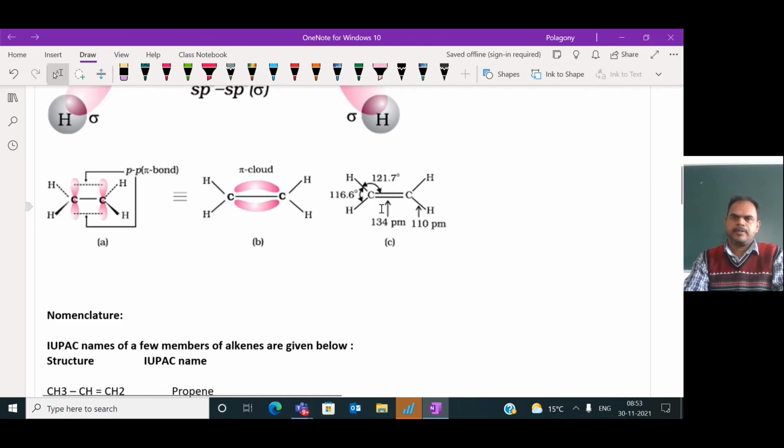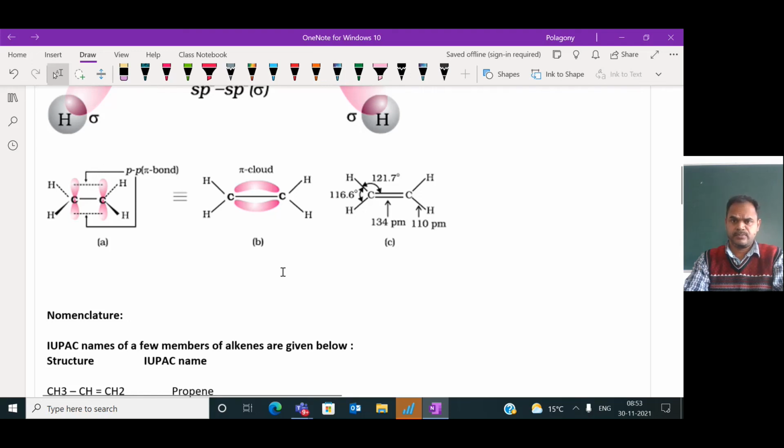Now look at the molecule of ethene, C2H4, where between the carbons there is a sigma and a pi bond. The molecule appears to have planar symmetry with a bond angle of 121 degrees. So this is the structure of the double bond present in alkenes.